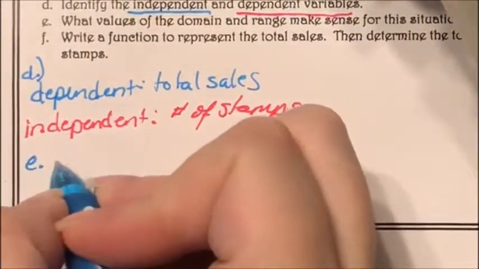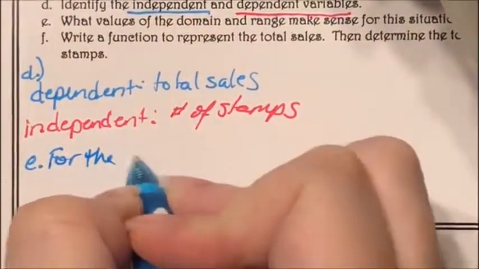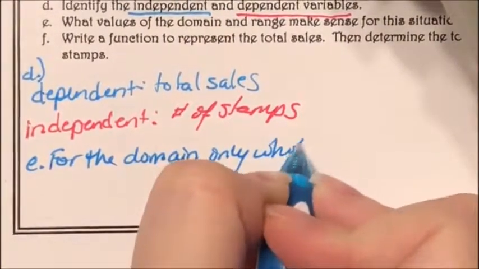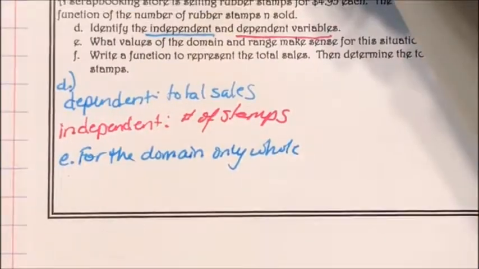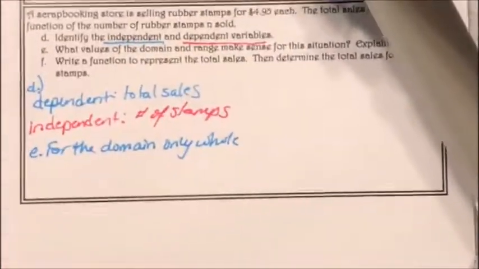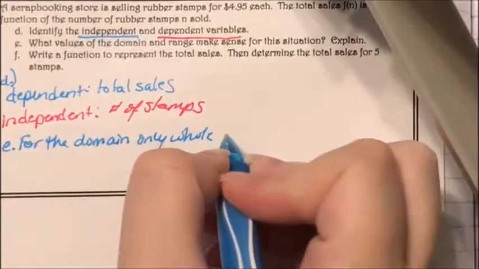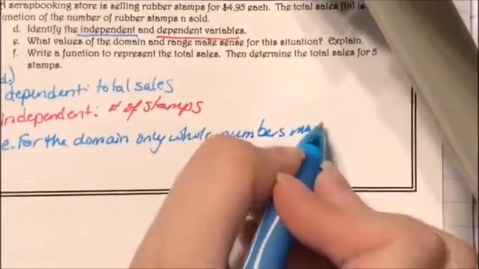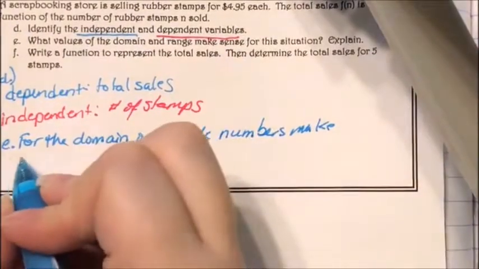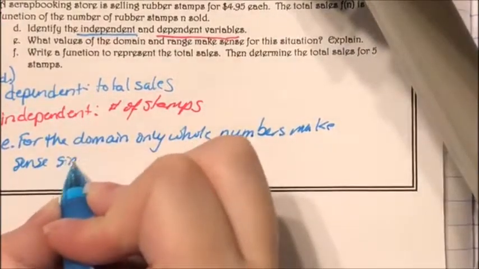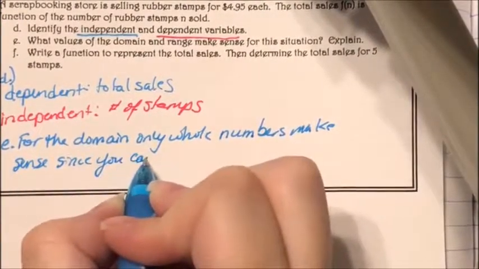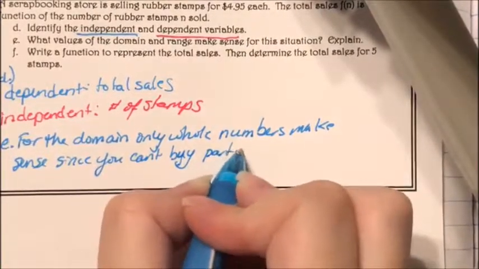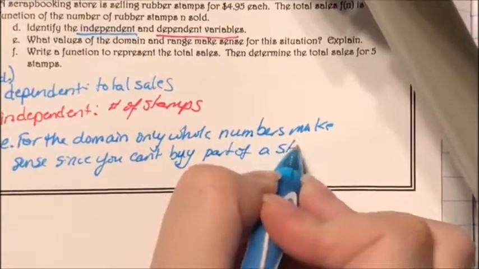Okay, so for the domain, only whole numbers make sense, since you can't buy part of a stamp.